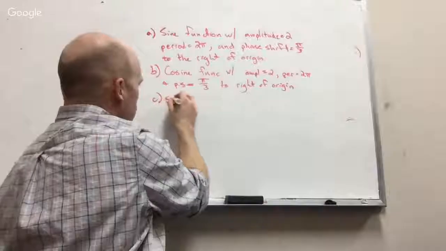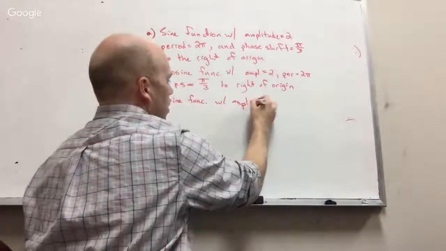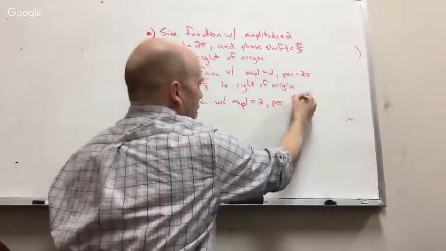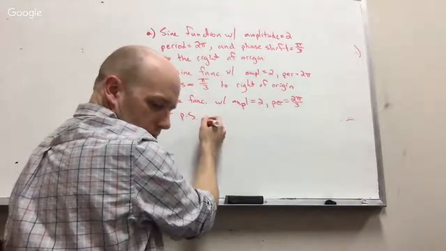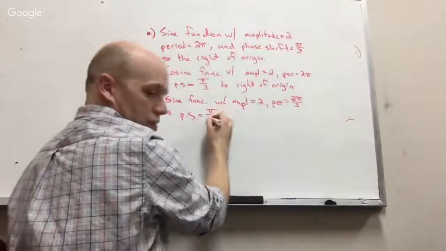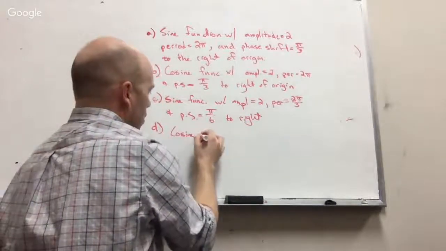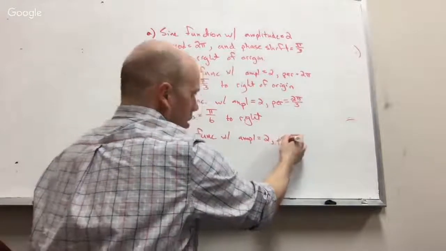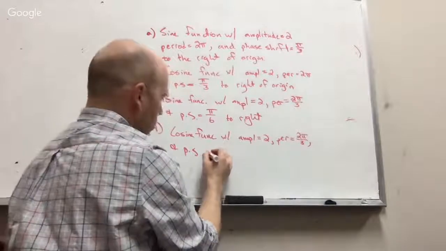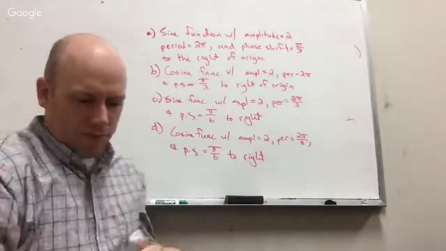C, sine function with amplitude 2, period 2 pi over 3, and phase shift pi over 6 to the right, and D, cosine with amplitude 2, period 2 pi over 3, and phase shift pi over 6 to the right.